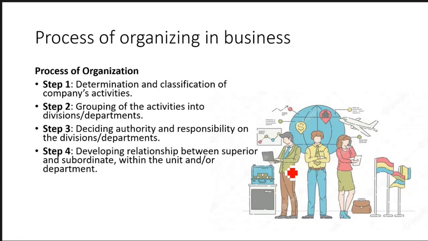After we have the executives, we usually start to develop the relationship between superior and subordinate within the unit or department: which one should coordinate with whom, or which one can get orders from which executives or managers.